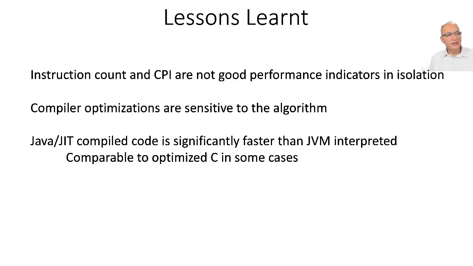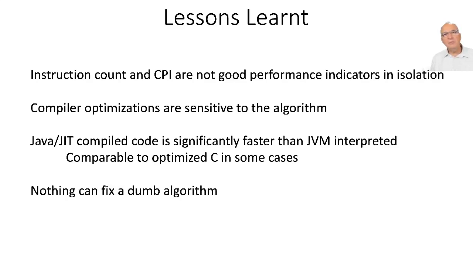Java with just-in-time compilation is much faster than code that is interpreted by the Java virtual machine. And in some cases, Java with the just-in-time compiler has performance that's comparable to optimized C code. And this is becoming more and more so as the just-in-time compilers are evolving and becoming faster.